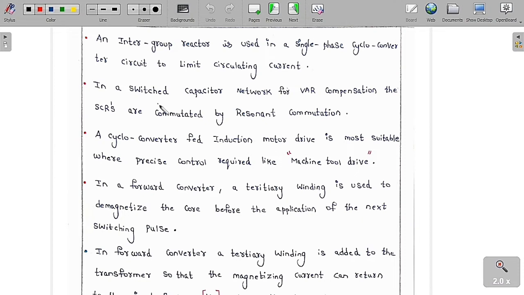In a switched capacitor network for VAR compensation, the SCRs are commutated by resonant commutation.